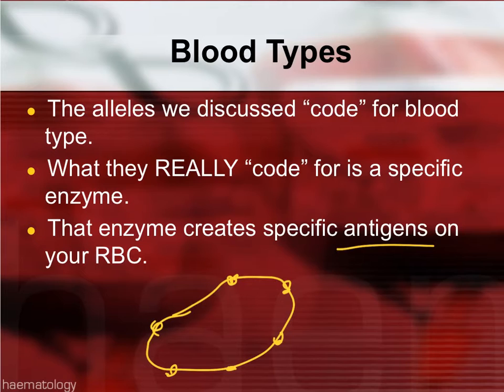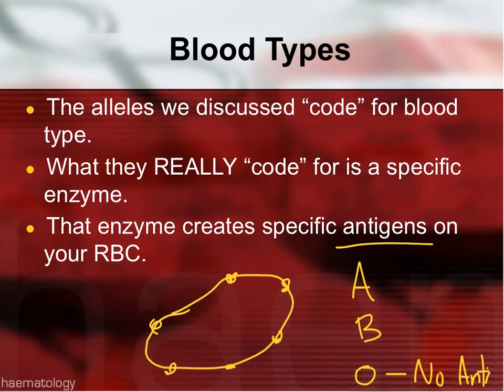So there are 2 types of antigens that we are talking about. There's type A, there's type B, and O has no antigen. So no antigen for O. It's just missing. So if you're type A, then this shouldn't surprise you, but you're going to have the A antigen.